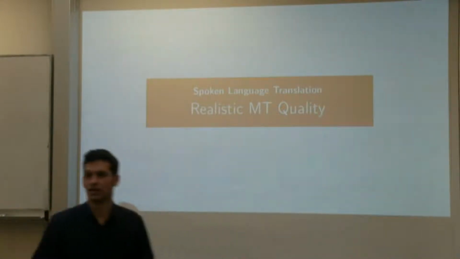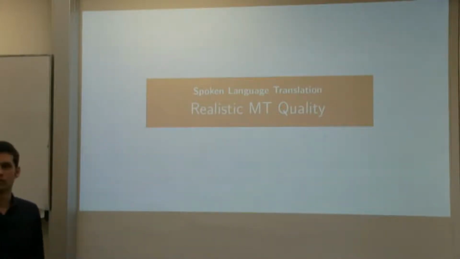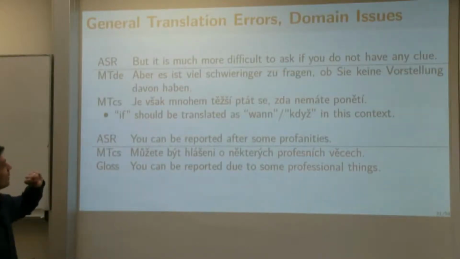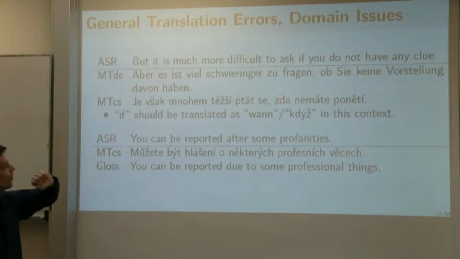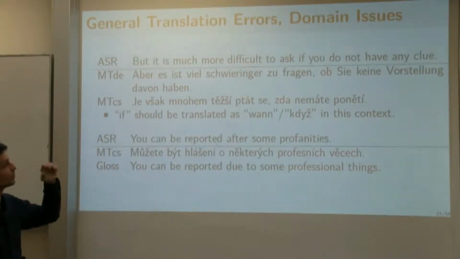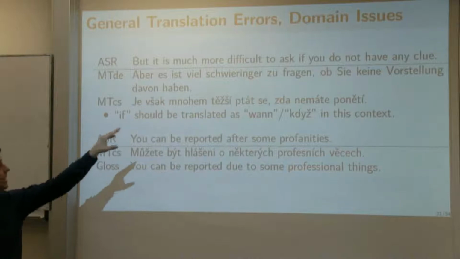There again, we were talking about getting superhuman. Here is an example of a text input sentence: it is much more difficult to ask if you do not have any clue. And the error that I'm demonstrating with our system into German is this mistranslation of the if.